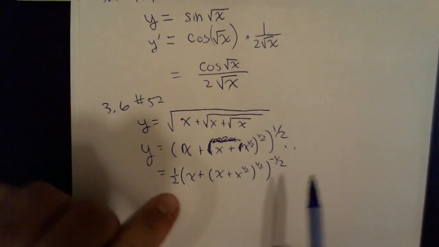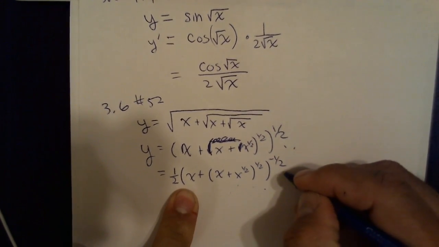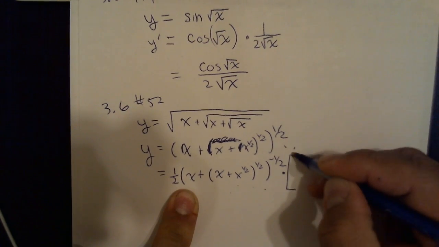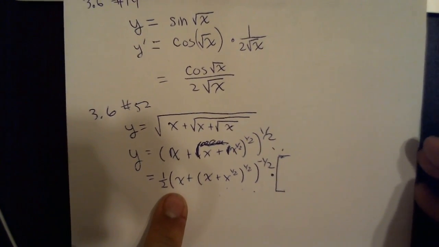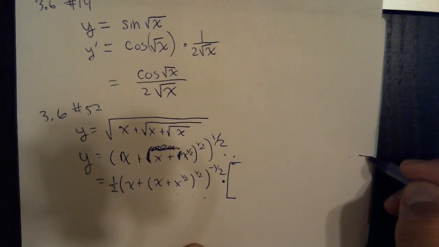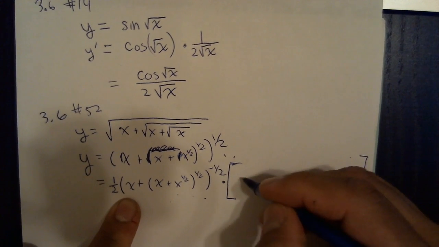Now I'm going to work my way in here. So times, I'm going to open a bracket here, but it's just a grouping symbol. We'll start off with the derivative here, so this will be 1.